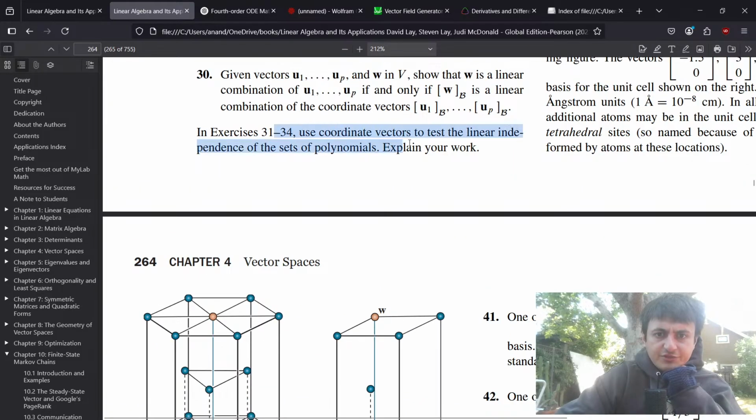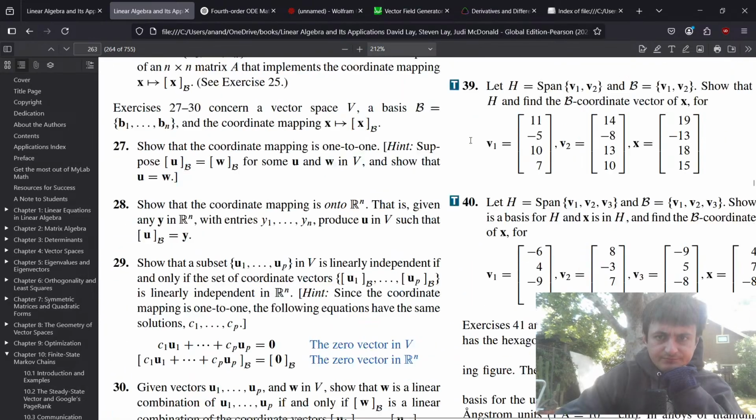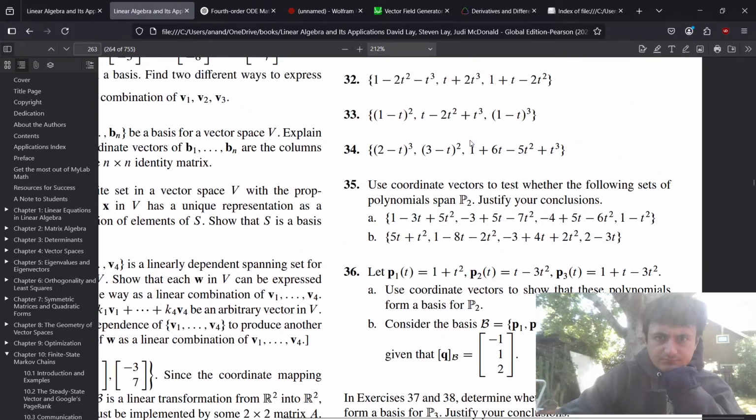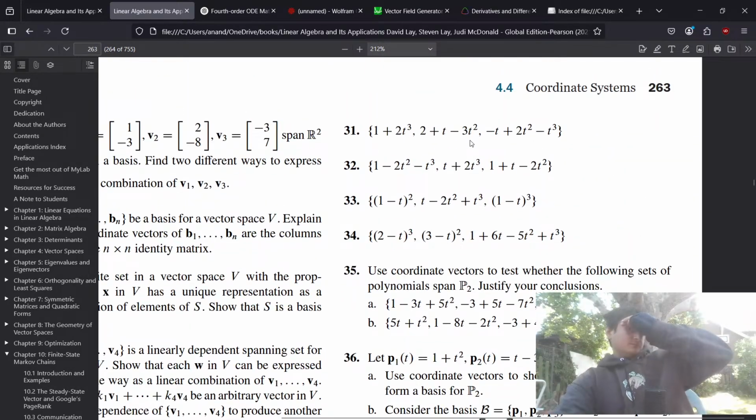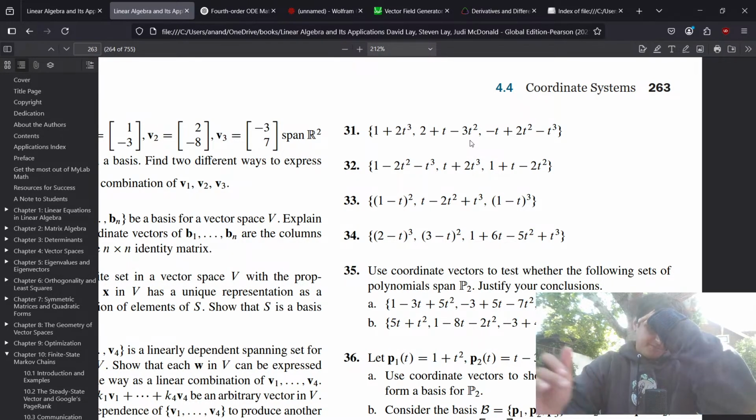In 31 to 34, use coordinate vectors to test the linear independence of the sets of polynomials. All right, I'll do 31.